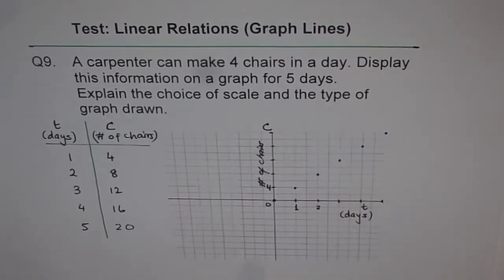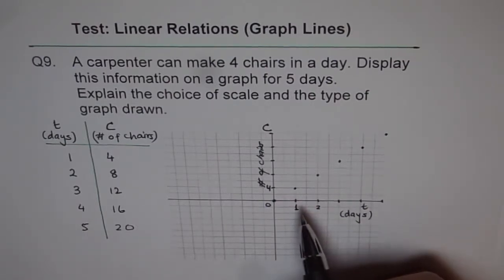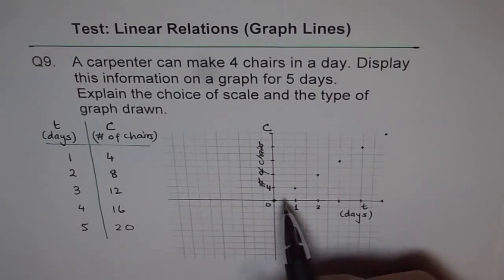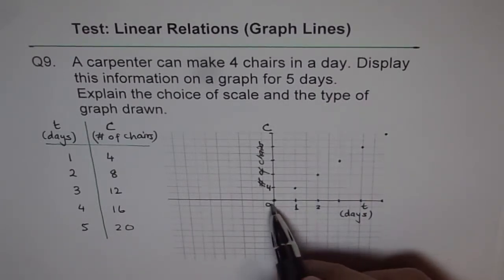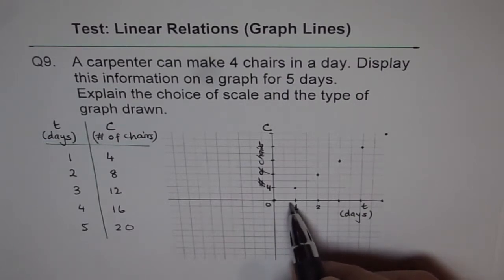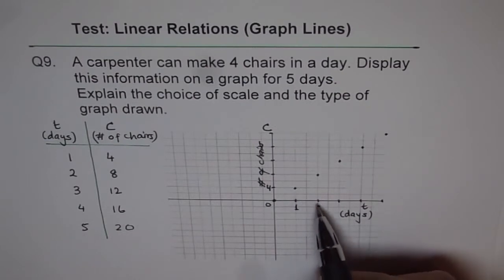Now the question here is, should we connect these points or not? Think about it. This is discrete data. Here we cannot connect these points, since during the day we cannot make like 4.5 chairs at the end of the day.